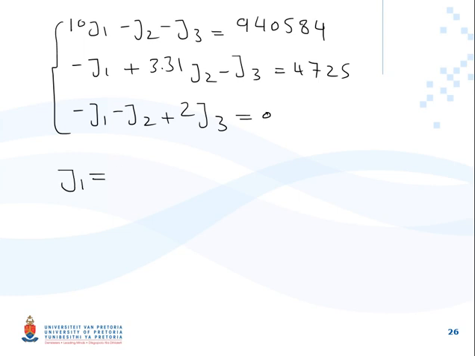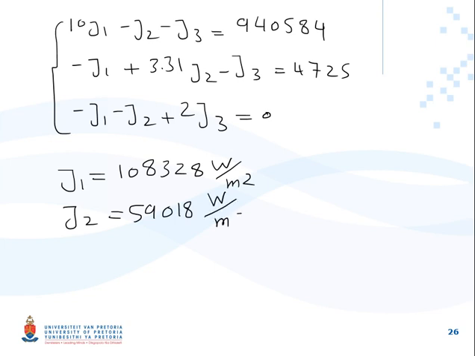So by solving the three equations simultaneously, simply you can find J1 to be 108,328, J2 is equal to 59018, and J3 is equal to 83,673.